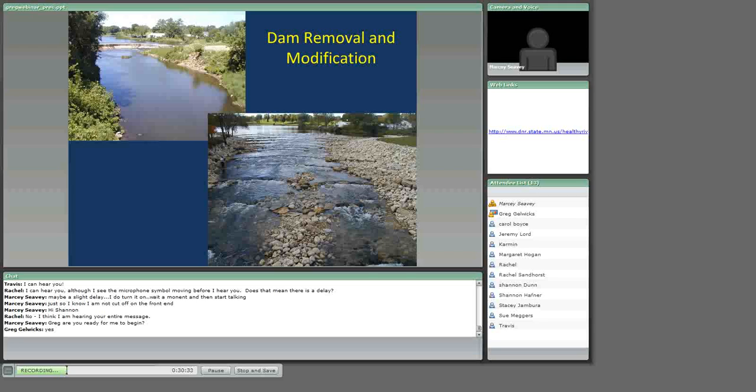And we expect to see more of these types of projects in the future, as a lot of these dams are aging and having problems, and it's good to have some other alternatives out there that would have positive impacts on the stream to replace them with.